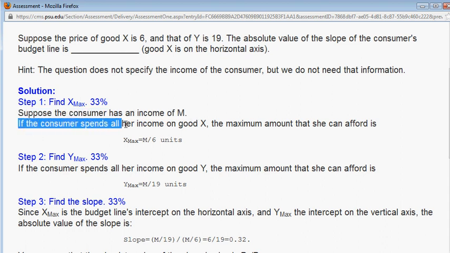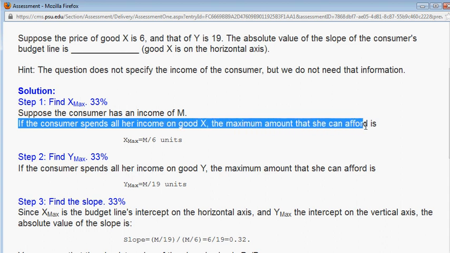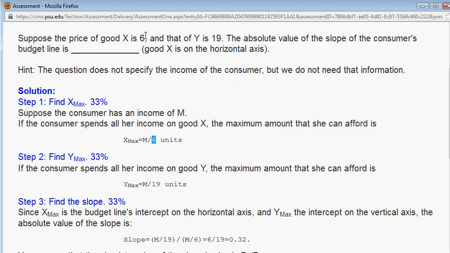So if the consumer spends all her income on good X, the maximum amount that she can afford is X max equal to M over 6 units. M is her income, 6 is the price of good X.